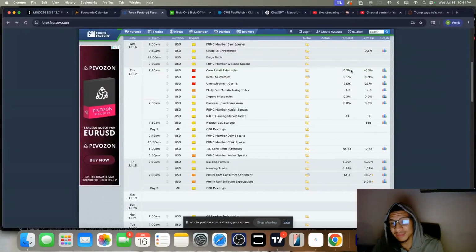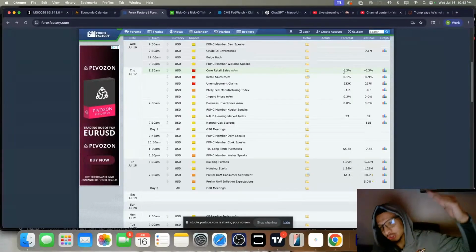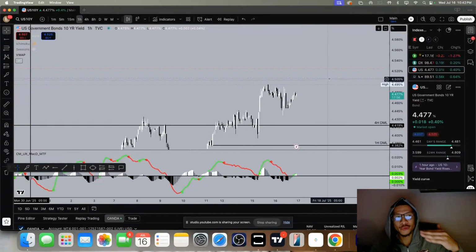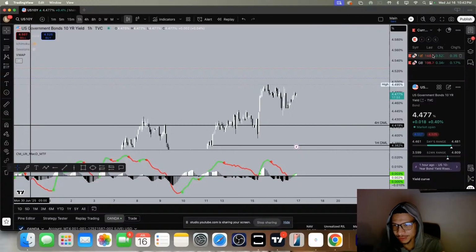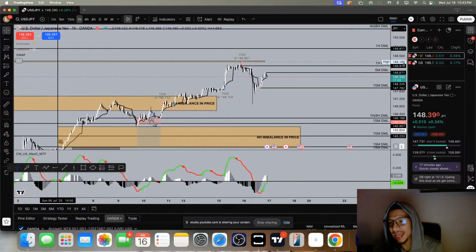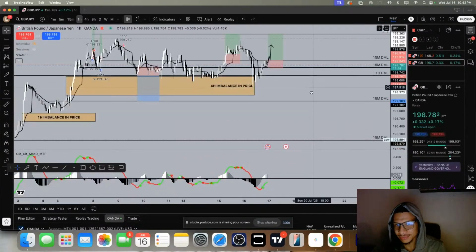And so if we get something greater than this point 3, that's going to support growth in our economy, which is going to have a downward effect on gold, which is going to cause those yields to go up, which is going to cause the dollar to go up, which is going to cause my risk on pairs to go up. Because gold's a risk off asset. The yen is a risk off asset, right?